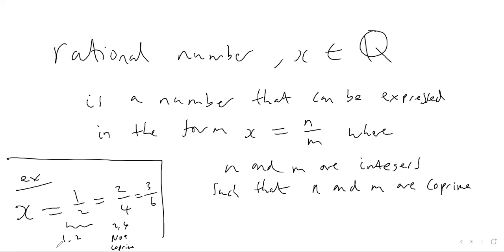They are two numbers that have a highest common factor of 1. And obviously 3 and 6 are also not co-prime, because they have a highest common factor of 3. Okay, so that's just a summary of what rational numbers are.